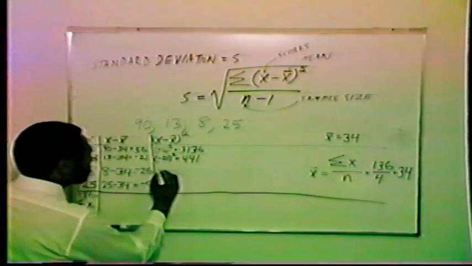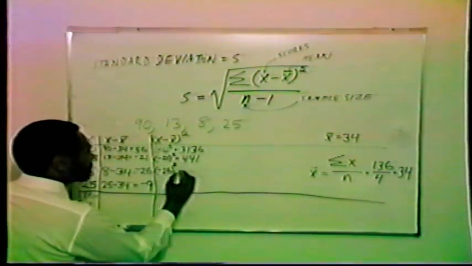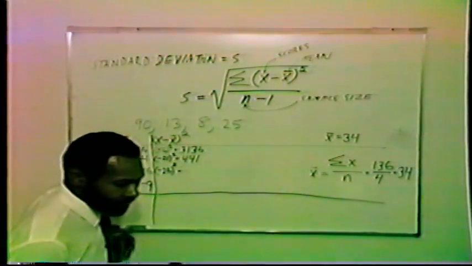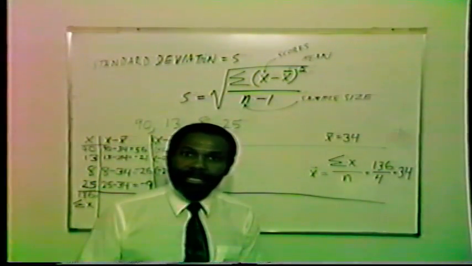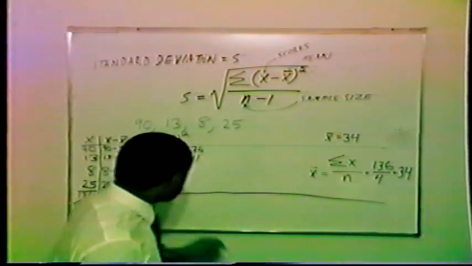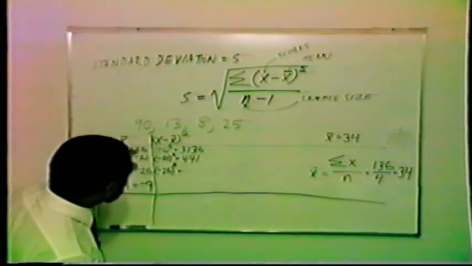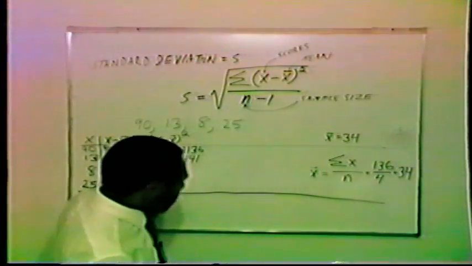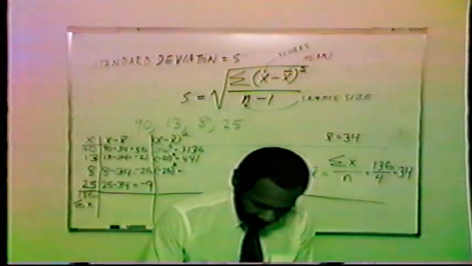Next, we have to square negative 26, which of course means negative 26 times negative 26. When we do that on the calculator, a negative times a negative again will give us a positive, because we're squaring each one of these numbers here, whether it's positive or negative, it's going to end up positive after we square it. So really, it's the same as just multiplying 26 times 26.